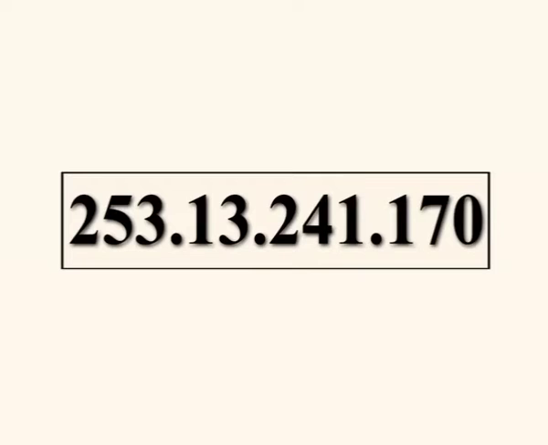Each octet can have a maximum decimal value of 255 and a minimum decimal value of 0. This is because by using 8 bits, we can have a maximum value of 255 and a minimum value of 0. The same IP address shown in binary can be written as shown on the screen.